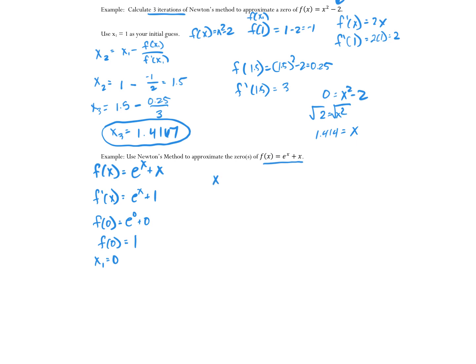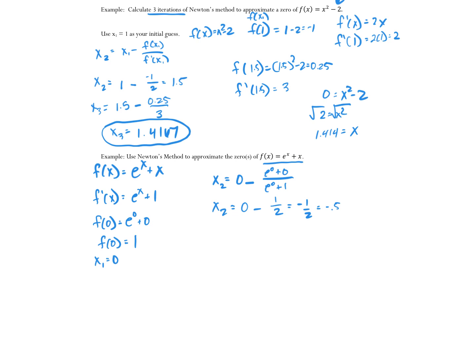To find x2, I would do 0 minus f of 0, which would be e to the 0 plus 0 on top, and e to the 0 plus 1 on the bottom. So I essentially have 0 minus 1 over 2. My x2 is negative 1/2, or I'm going to use negative 0.5 moving forward.